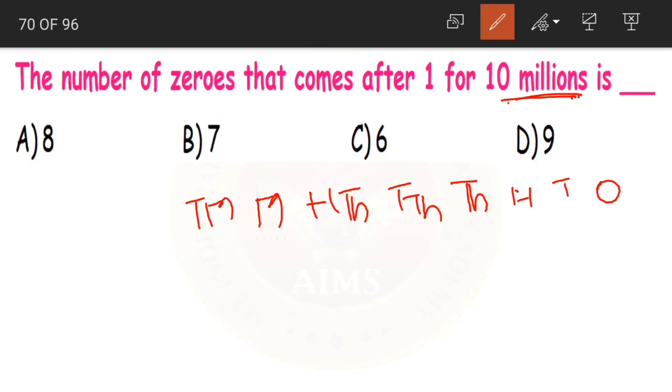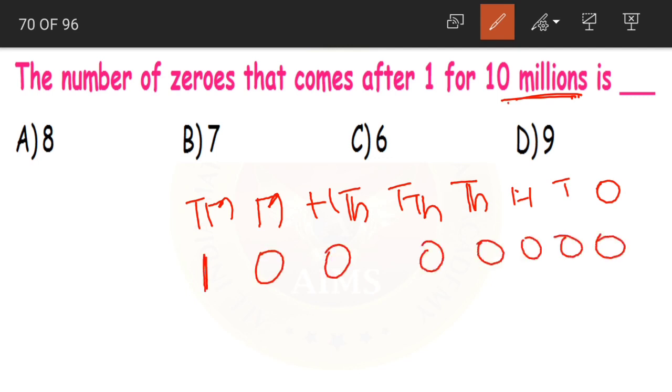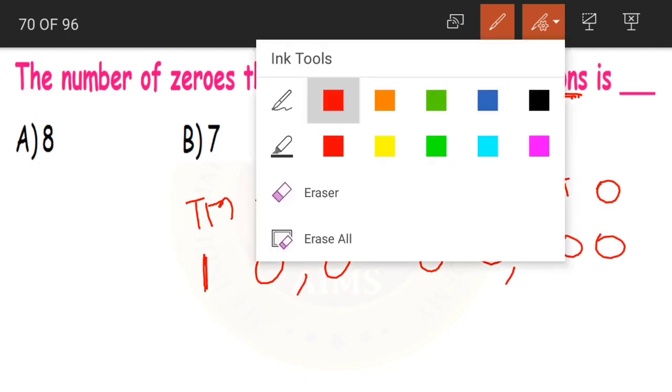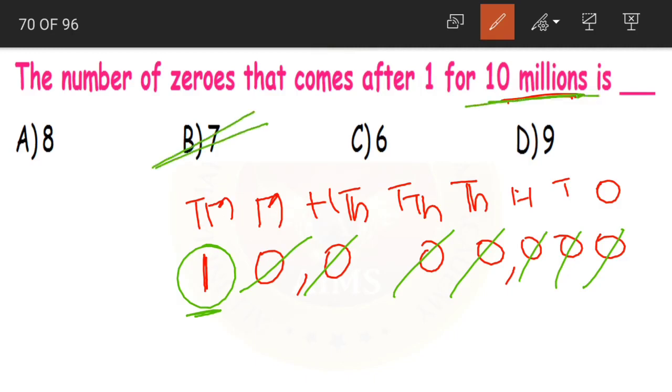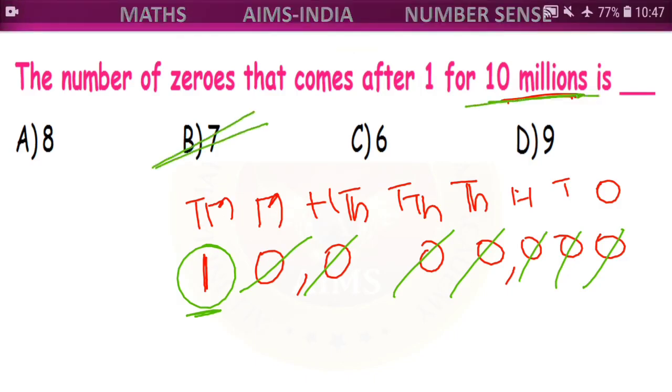In 10 millions, we have 1 in the 10 millions place, and the remaining places are filled with zeros. How many zeros after 1? 1, 2, 3, 4, 5, 6, 7 zeros come after 1 in 10 million. So option B, 7, is our correct answer.